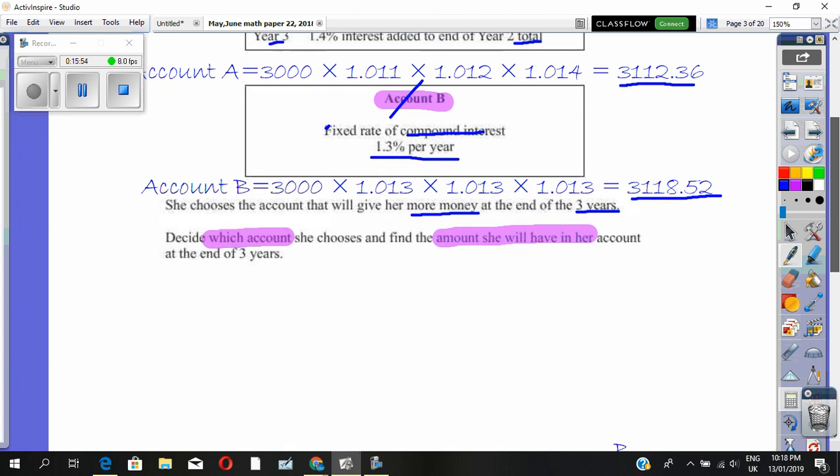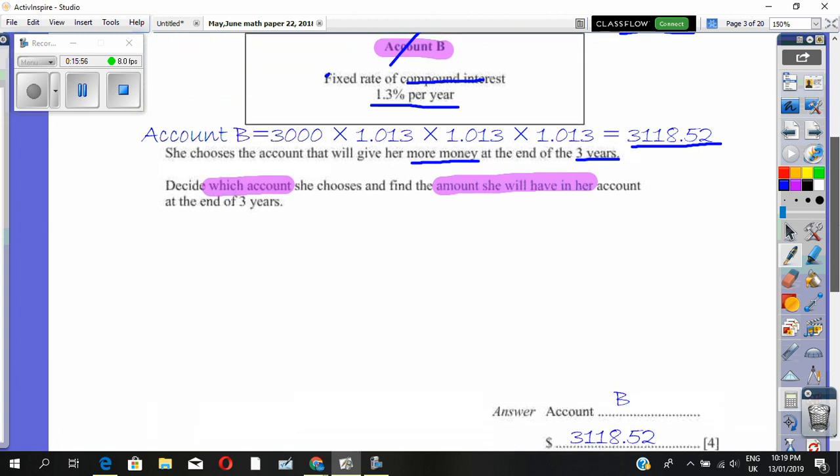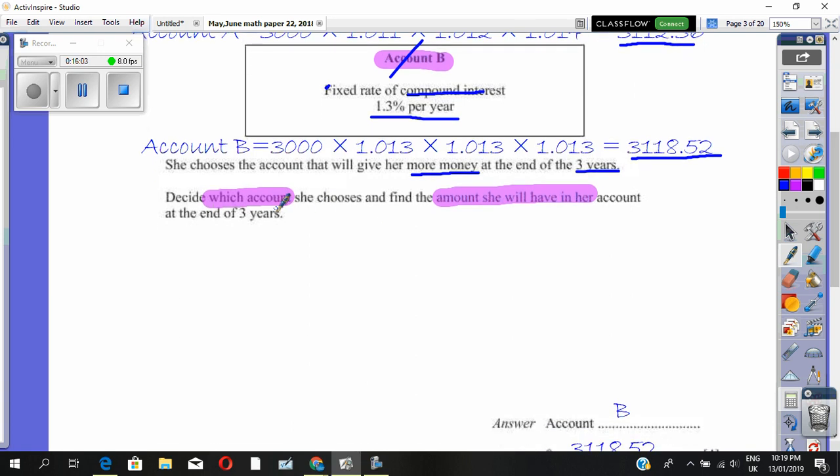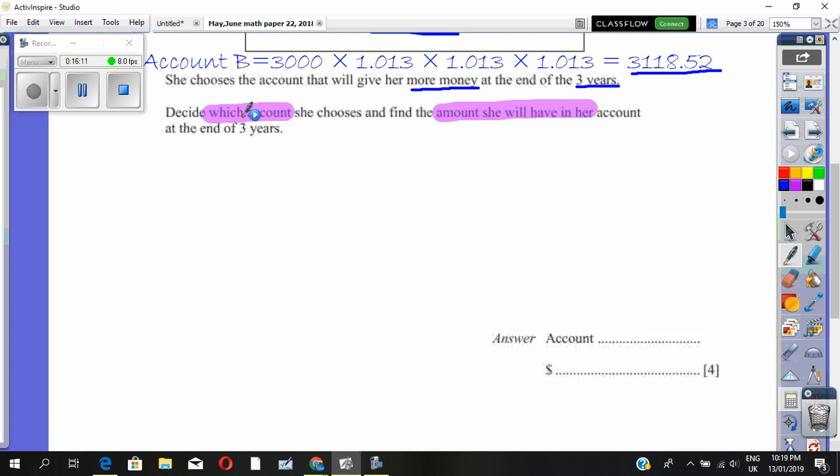Now the amount of account B, which she is supposed to choose, is 3,118.52. So for account B, the amount is written over there, $3,118.52.